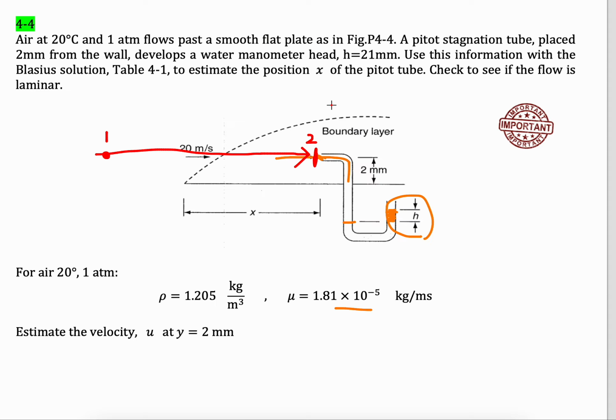Okay, so the idea is, let's say the fluid here is water. The pressure that acts here is equal to the pressure at this point. So the pressure at this point can be calculated by rho gh of this one, because the fluid inside this gauge is water.